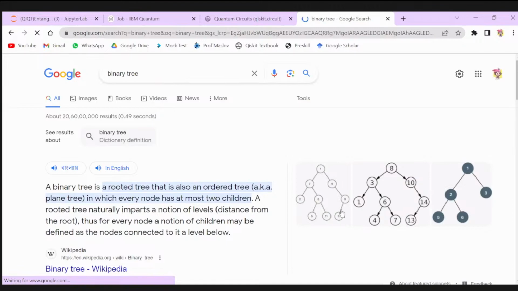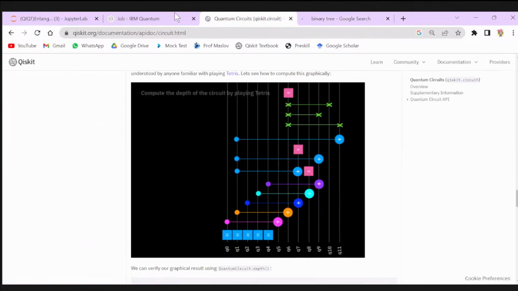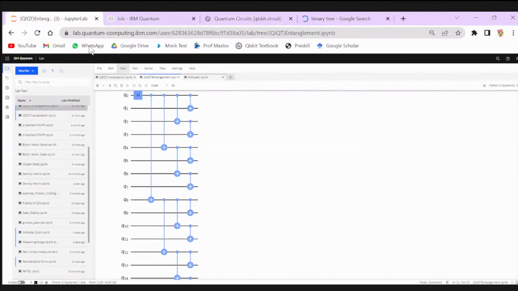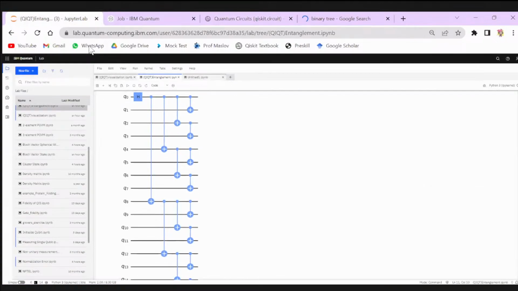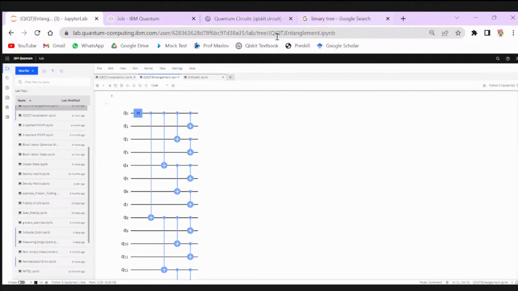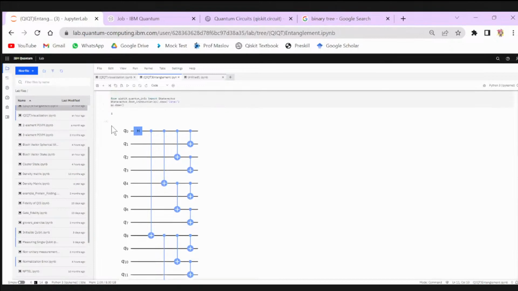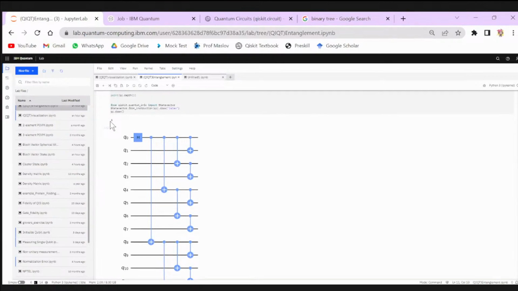If you want to optimize any circuit, here I use these parts, and this is similar to binary tree formation, so we can see here the depth is 5. So you also need to optimize any circuit and reduce the complexity.